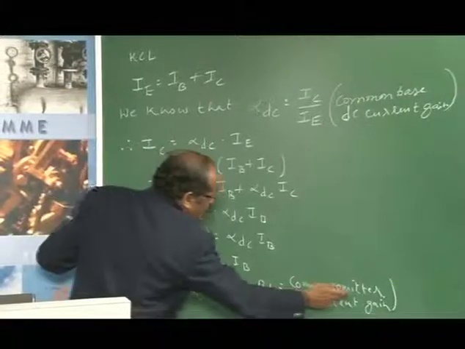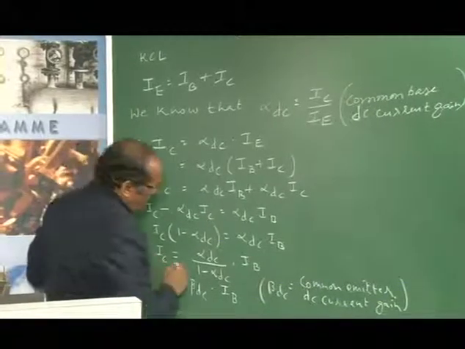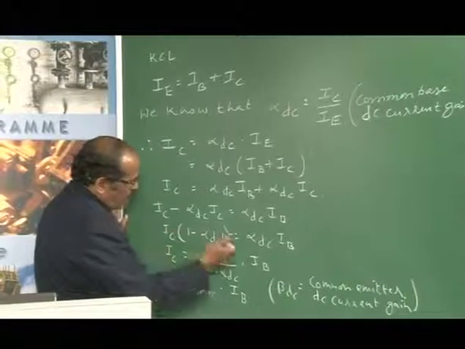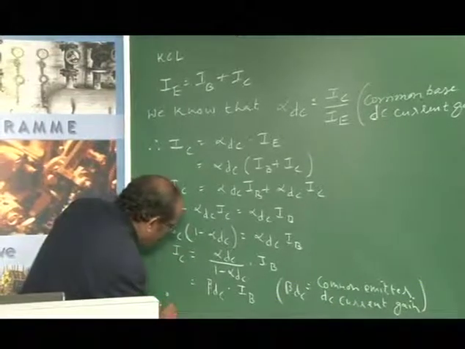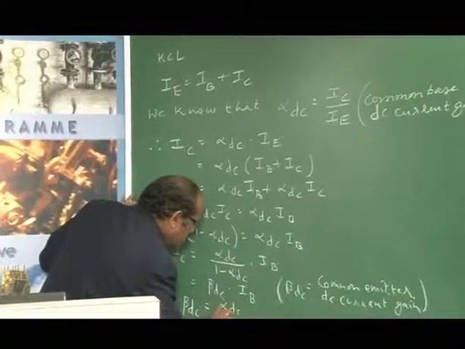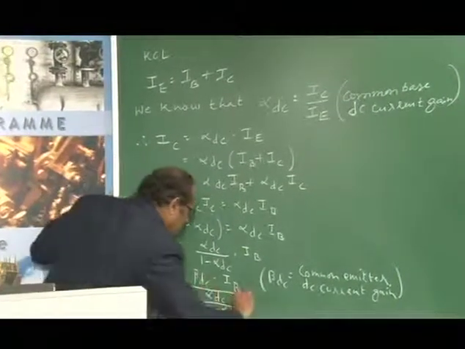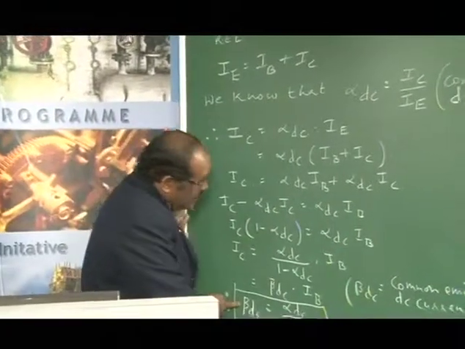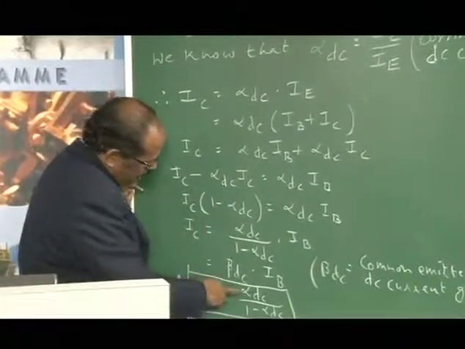Common emitter configuration means the emitter is common to both input and output. Here the input is the base and the output is the collector. Therefore beta DC equals the ratio of IC by IB. So beta DC is equal to alpha DC divided by 1 minus alpha DC. That is what we can make a note of. This is how we get the common emitter DC current gain in terms of the common base DC current gain, alpha DC.